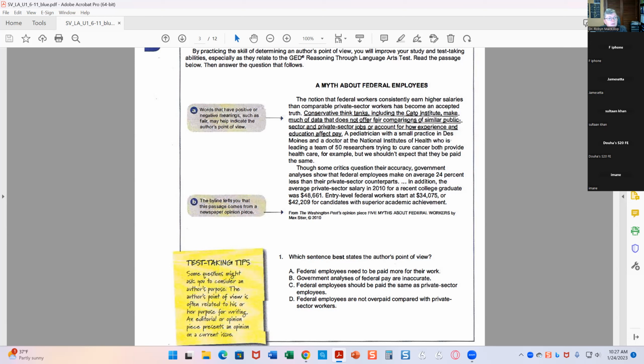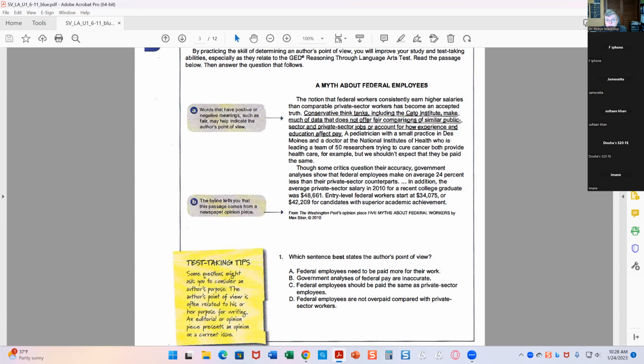All right. The notion that federal workers consistently earn higher salaries than comparable private sector workers has become an accepted truth. Conservative think tanks, including the Cato Institute, make much of data that does not offer fair comparisons of similar public sector and private sector jobs, or account for how experience and education affect pay.